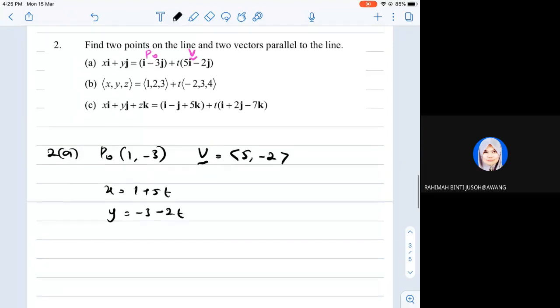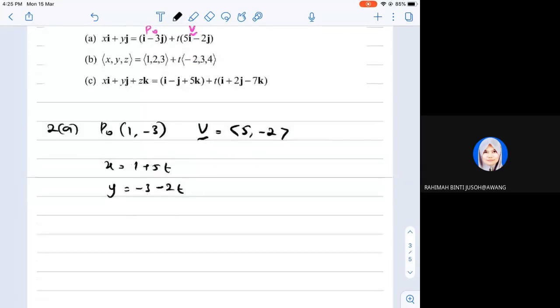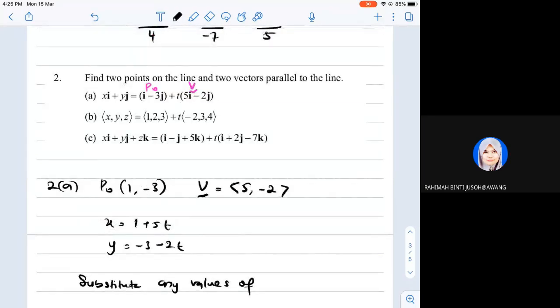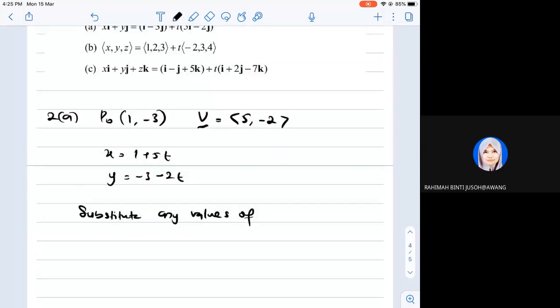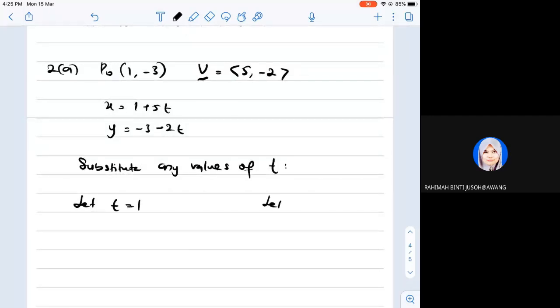Okay, find 2 points on the line. For 2 points on the line, you have to substitute any values of t. Sebab kita nak 2 titik lagi yang berada pada garis lurus tersebut. Kita dah ada equation lah. So substitute any values of t. Let's say t equals 1, and then t equals 2, tak kisahlah t equals 10 ke, it's up to you.